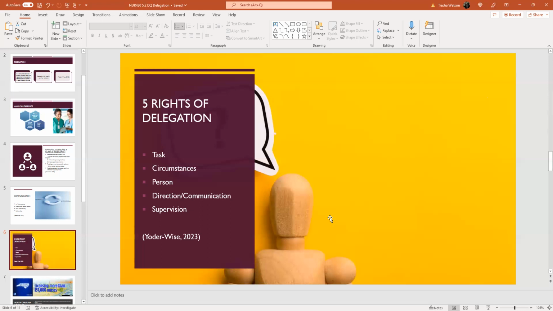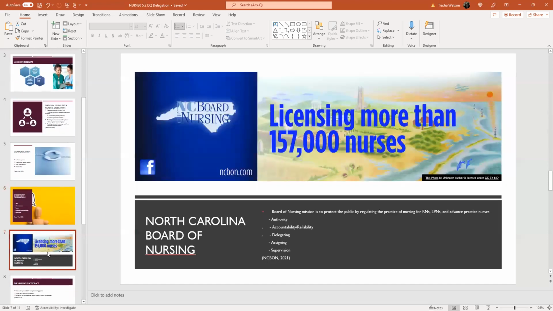Did they monitor the delegatee to make sure that it went smoothly? Did the delegatee provide feedback after the task was completed and also submit documentation that they completed the task?